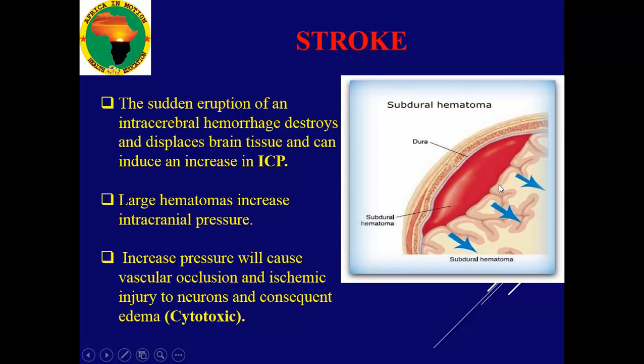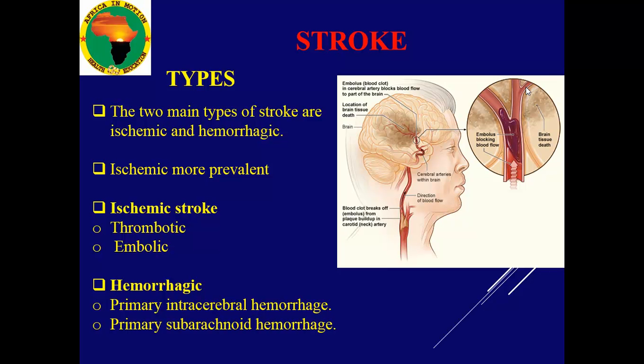So a large hematoma will increase the pressure. Then the increase of the pressure will cause vascular occlusion, the vessels underneath. Then ischemic injury to neurons, which will lead to cytotoxicity. The cells will start dying because toxins are now being produced because of what? Of the compression, there is edema, and all the complications.